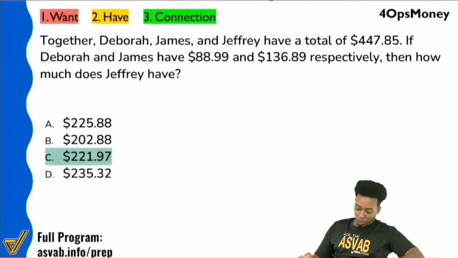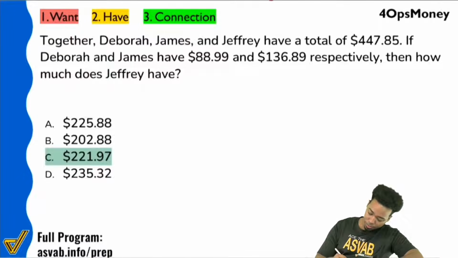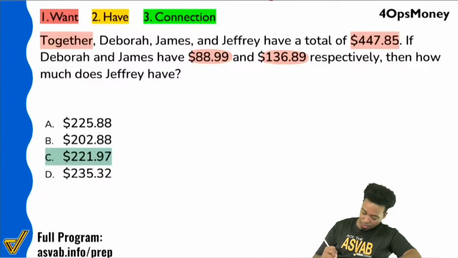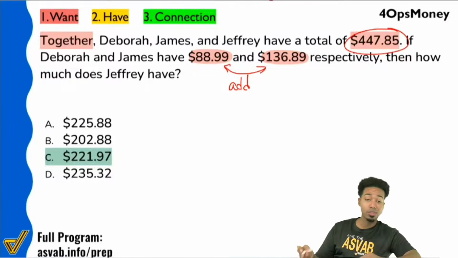If you would like number 1 real quick, essentially number 1, you have their grand total here. Together, it's all this money right here. So if they have this much and this much, really what you're doing, you can add these together, then subtract it from the 447. That would be the quick way to do it.